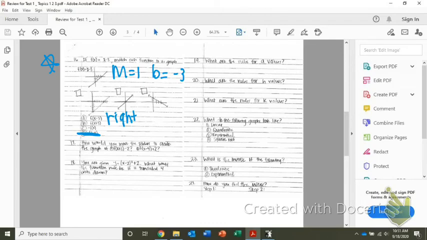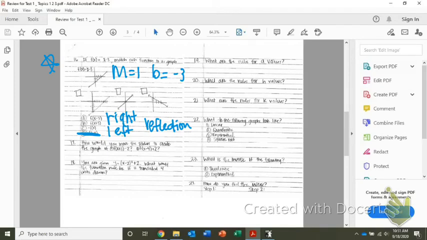B, f of x plus 3. Transformation rules. X plus 3 is on the inside. It's a h value, so it's going to the left. C, you see a negative sign. Negative f of x. So that is going to be a reflection or a flip.